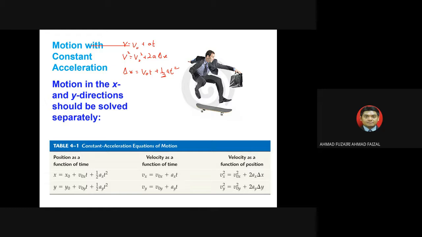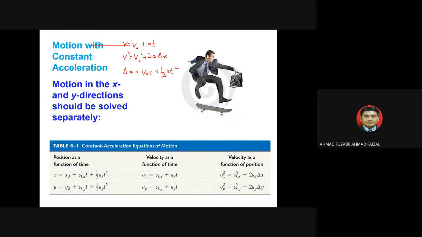But this only happened before in each direction, either x or y. When we talk about x, it's just x. When we talk about y, it's just free fall.